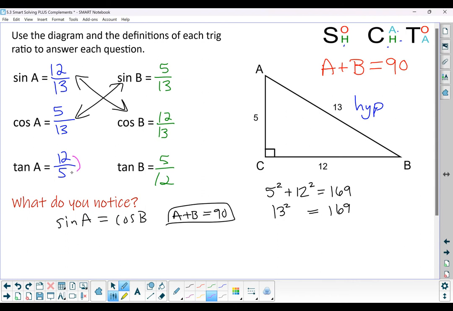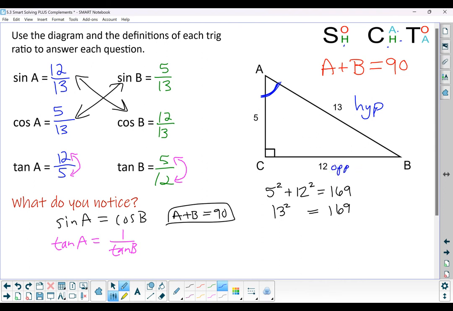Another thing you might notice is that the tangent of A and the tangent of B are reciprocals. This is one way of writing that. So the tangent of A is the reciprocal of the tangent of B. Now the reason that's true is because if you are at angle A, the side that you marked that's length 12 is the opposite side.